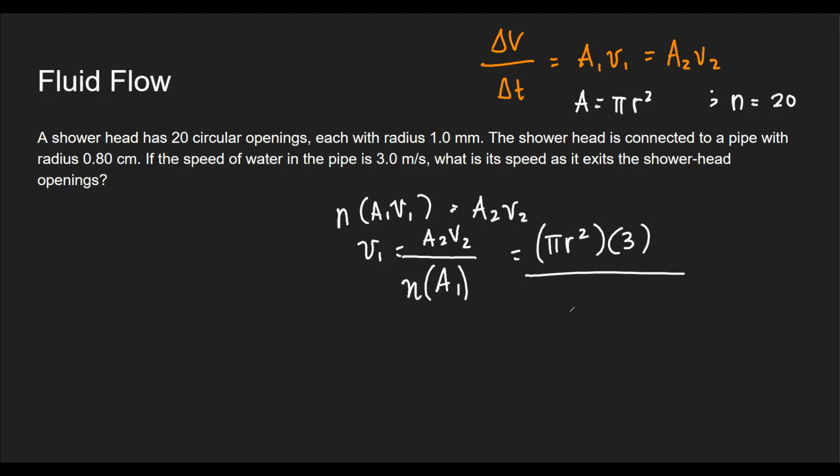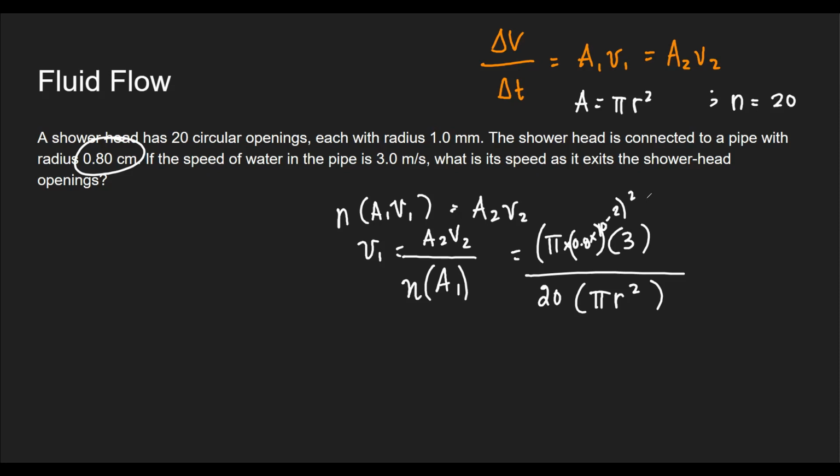Next is my n being 20, A1 is pi r squared 1. My pi is given, it's 3.14. My r2 is 0.8 times 10 to the negative 2, squared, times 3, all over 20 times 3.14.